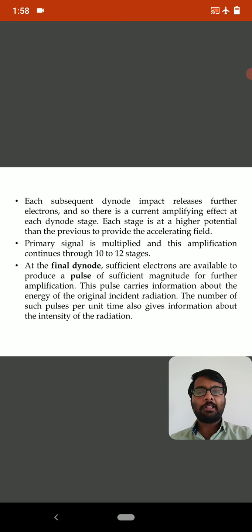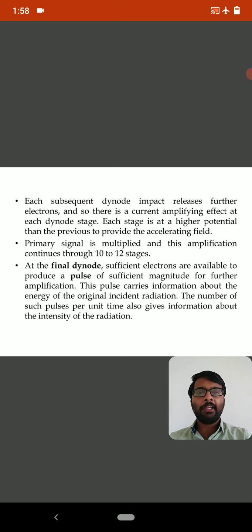The number of such pulses per unit time gives information about the intensity of the radiation. The large number of pulses recorded at the last dynode will be amplified further, and the amplified pulses carry information about the energy of the original incident radiation. The number of pulses per second or per minute gives information about the intensity of the incident radiation.